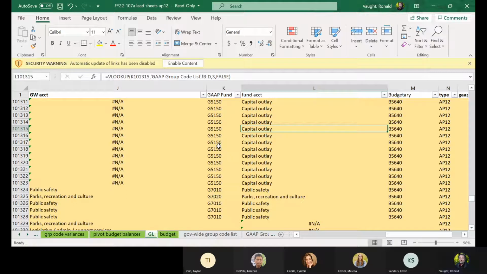I will start with the classic trial balance and then figure out what my budgetary and GAAP assets and liabilities are, so that I figure out what my net position or fund balance should be.